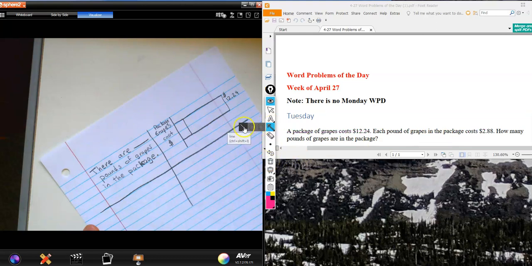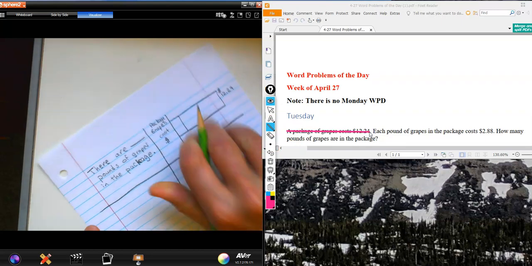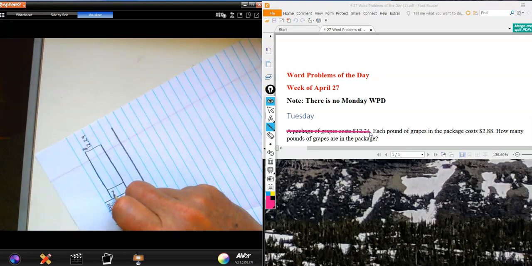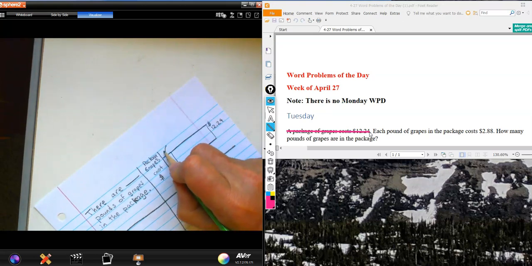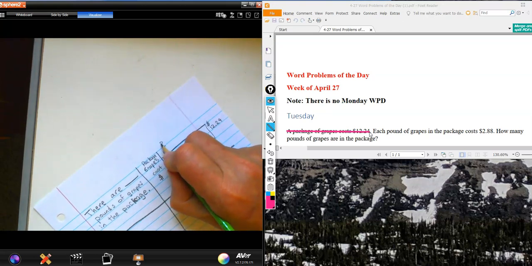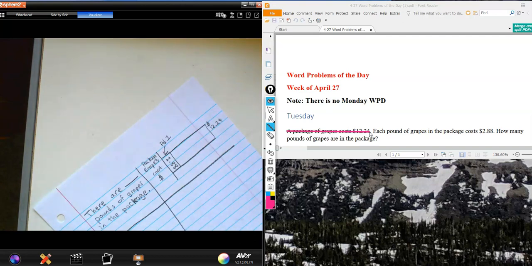Oops, I crossed out my first sentence. So I'll put $2.88, and I might do it sideways just to make it a little easier to see. That's going to be for the first pound, or P1, pound 1. I'll abbreviate it, it's fine, as long as you know it's the first pound.